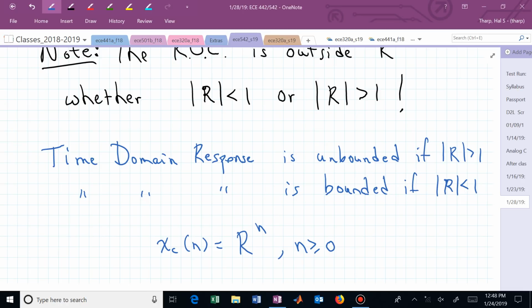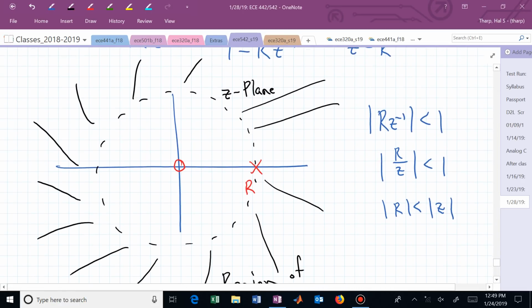And if R is bigger than 1 in magnitude, the time domain response goes unbounded. If the time domain response is bounded, we know that we must have had an R, which we're raising to higher and higher powers in n, that must have been less than 1. Try to wrap your head around that, but now this picture looks the same no matter what R is.